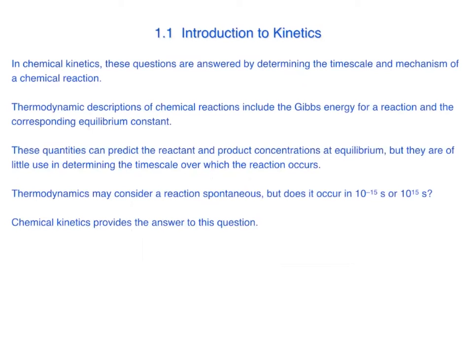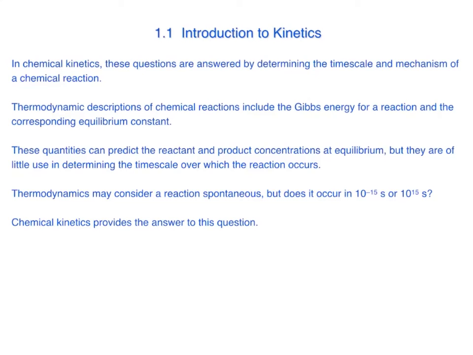Thermodynamic descriptions of chemical reactions include the Gibbs energy for a reaction and the corresponding equilibrium constant. Now, these quantities can predict the reactant and product concentrations at equilibrium, but they are of little use in determining the time scale over which the reaction occurs.